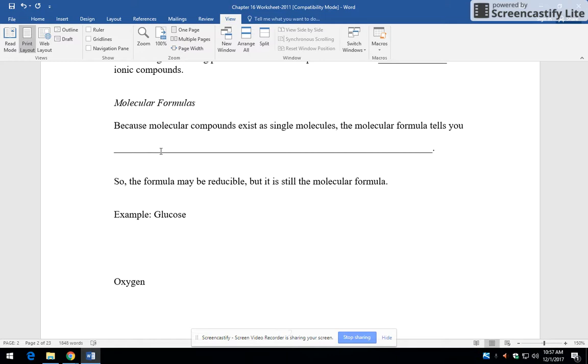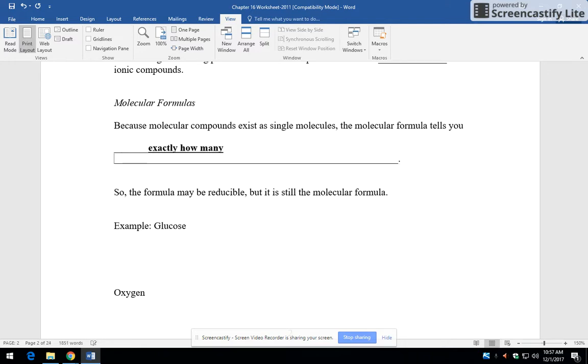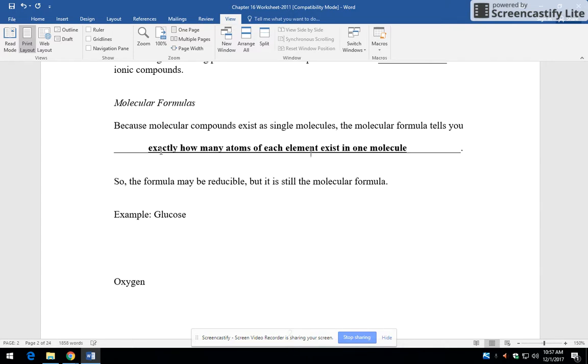But as opposed to the ionic compounds, because these guys exist as single molecules, the molecular formula tells you exactly how many atoms of each element exist in one molecule. Because of this, the formula may be reducible, but it's still the molecular formula, and you have to leave it alone.